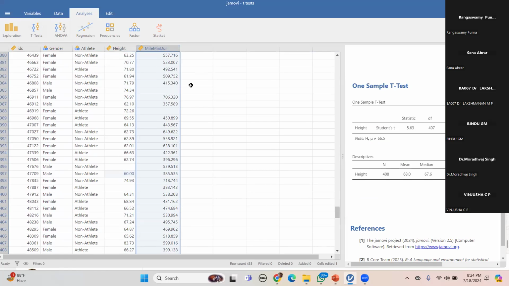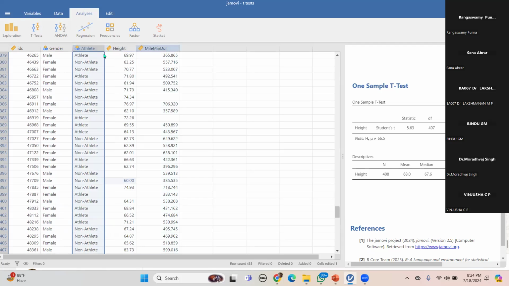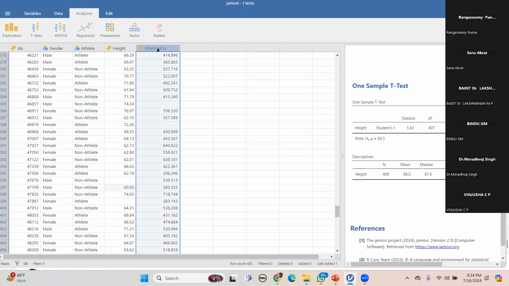Now, my null hypothesis is that I'm taking two variables. One is the athlete and non-athlete category, which is the independent variable with two categories. Second, as the dependent variable, I'm taking miles per minute duration.